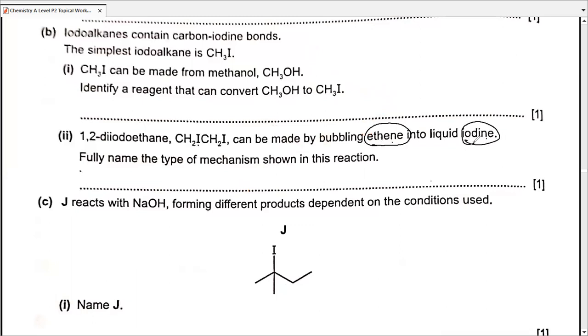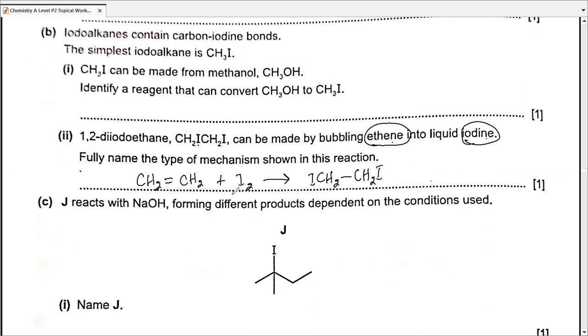This is the reactants, though this is very confusing. When this question came out, it confused a lot of students. I'll come to that a little later, but let's talk about this one. CH2 is ethene. We can use I2 as per the written question statement, and the double bond would be broken into single bonds, and then we can have one I attached over here, one I attached over here.